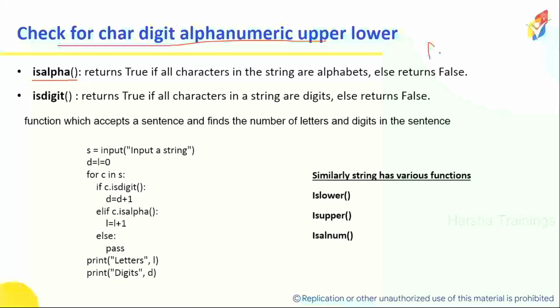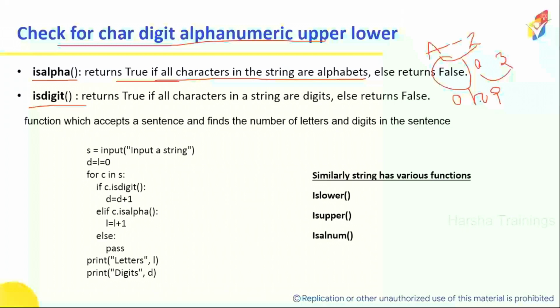Alpha means capital A to capital Z, small a to small z, and if my data consists of either capital A to capital Z or small a to small z, it returns true. It returns true if all the characters in the string are alphabets. If not, it returns false. The second one is isdigit, which takes only data from 0 to 9.